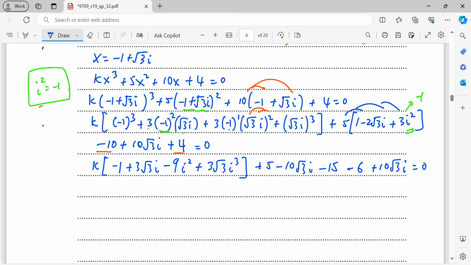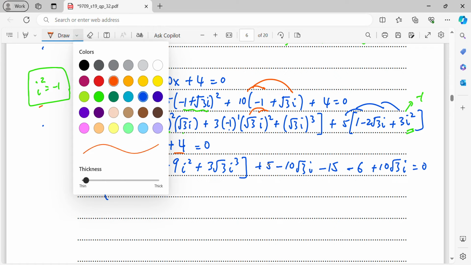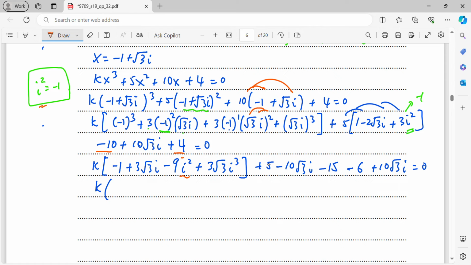Okay, now here, because we need to find a k, right? Therefore, you will write k, just multiply. So I will get, probably I simplify first. Now, for information, this is minus 1. Right, this i cube, look at here, i cube is i squared times i.